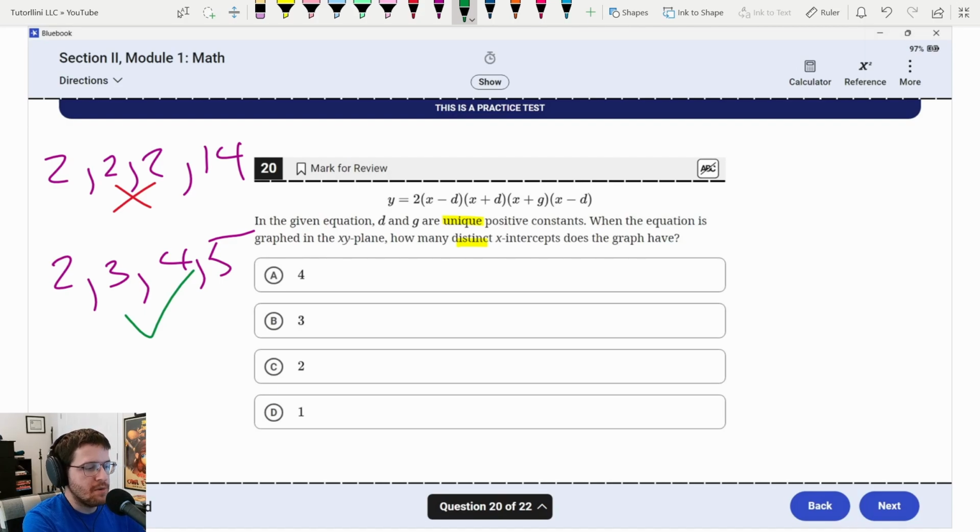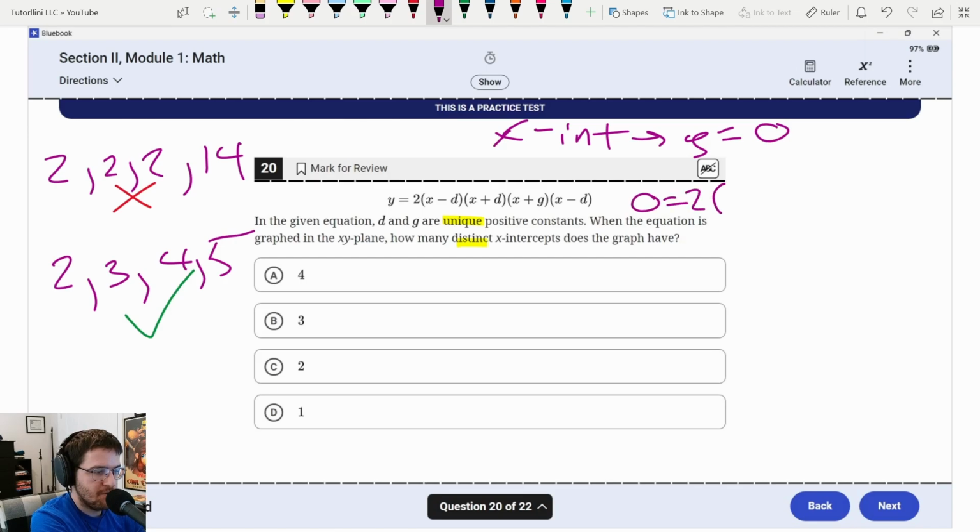All right. So we want to find x-intercepts. So to find an x-intercept, we always set y equal to 0. So we're going to set y equal to 0 and get 0 equals this big mess: 2, x minus d, x plus d, x plus g, and x minus d. And now we're going to use the zero product property. We have 5 factors.